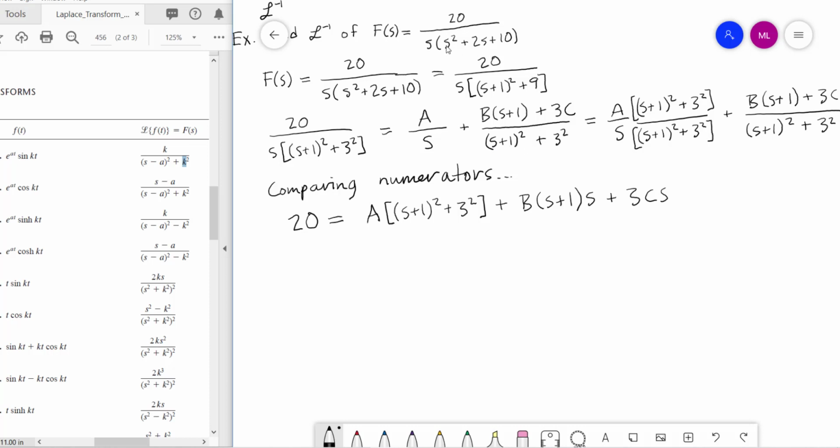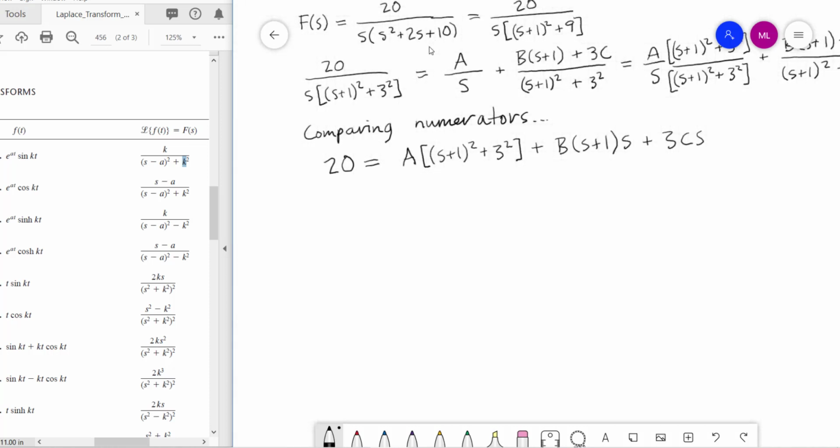The whole point is it doesn't have any real roots, so I can't pick a value of s that'll make this quadratic 0 because it has complex roots. And I don't want to be guessing complex values of s. That just makes life extra miserable. So there's no real number s I can pick that'll 0 this out. This is the only one where I can pick a convenient value of s to kill some stuff off. So let's do that first.